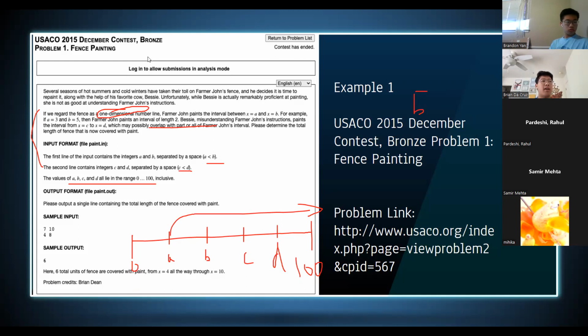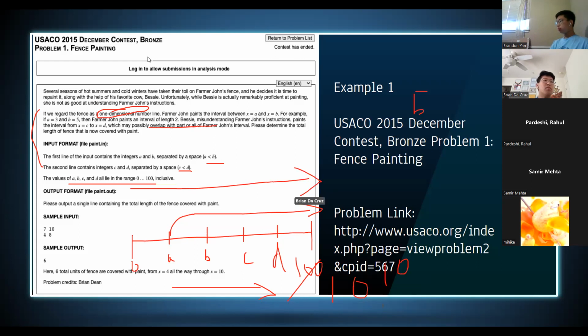That's one way to go about it, but it's more inefficient because we're going through the entire 0 to 100. In this case it doesn't matter, but let's say instead of 100 as the limit, it was 10 to the power of 10. Then you wouldn't be able to pass the USACO time limit with this method, because you're going through every single part of the fence.